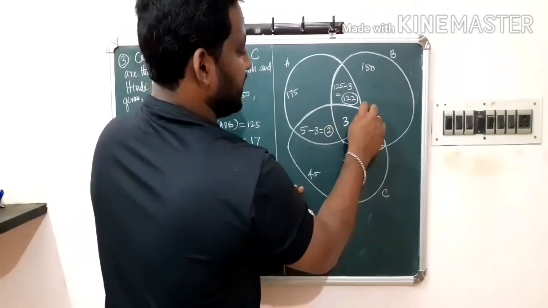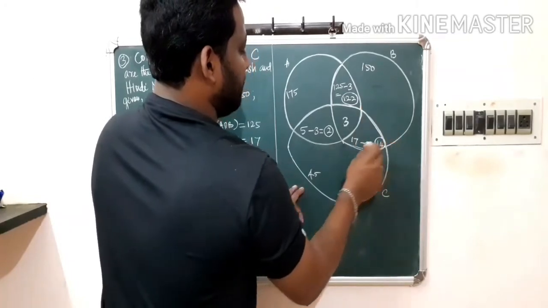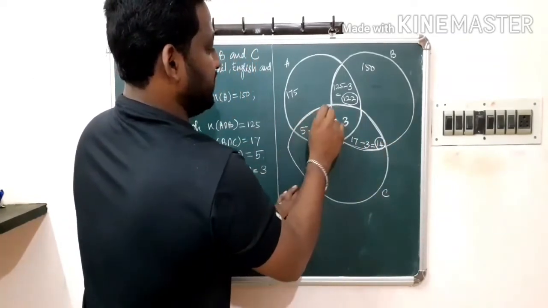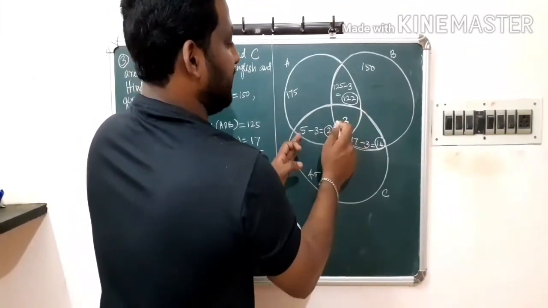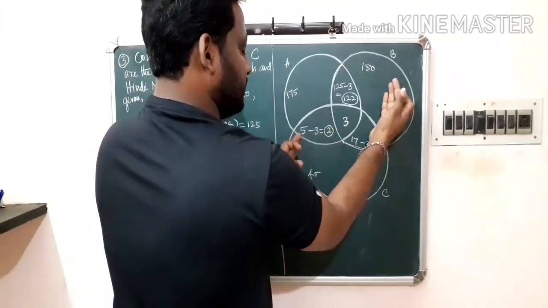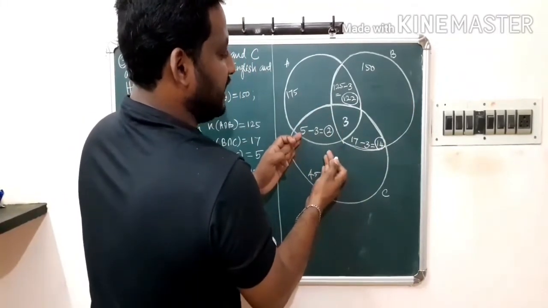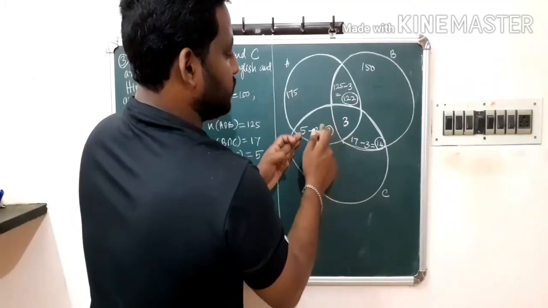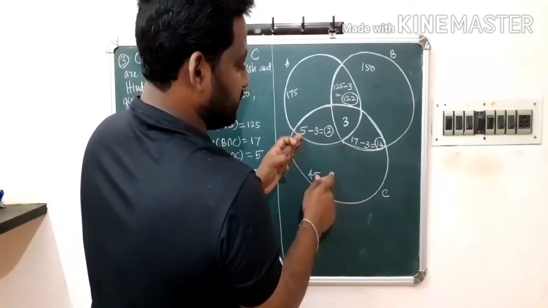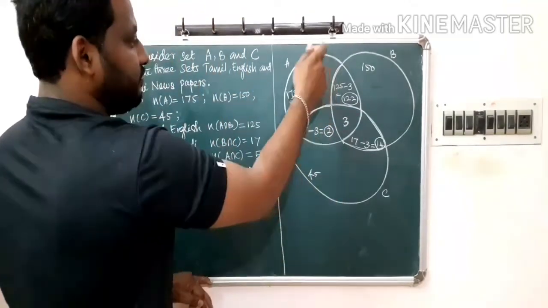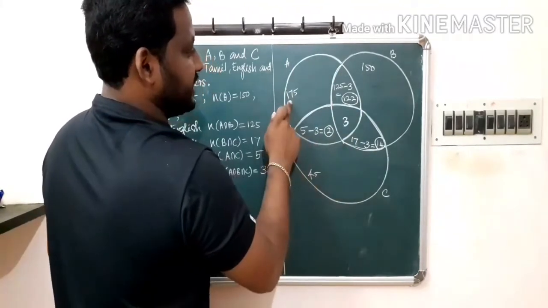So 14 families are getting only English and Hindi. This whole part is 5. So 3 families are getting Hindi and English papers also. So we are going to find only Tamil and Hindi. So 5 minus 3 is equal to 2. Only 2 families are getting Tamil and Hindi newspapers. Clear? So now we have to find out this whole part, which is 175.